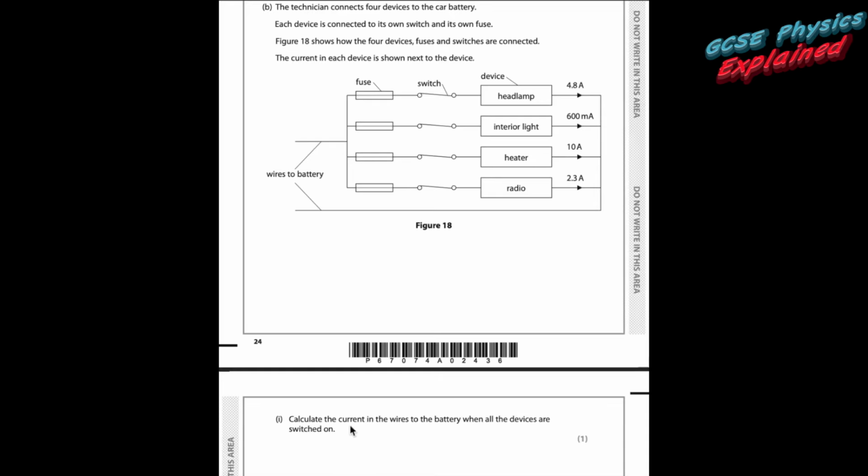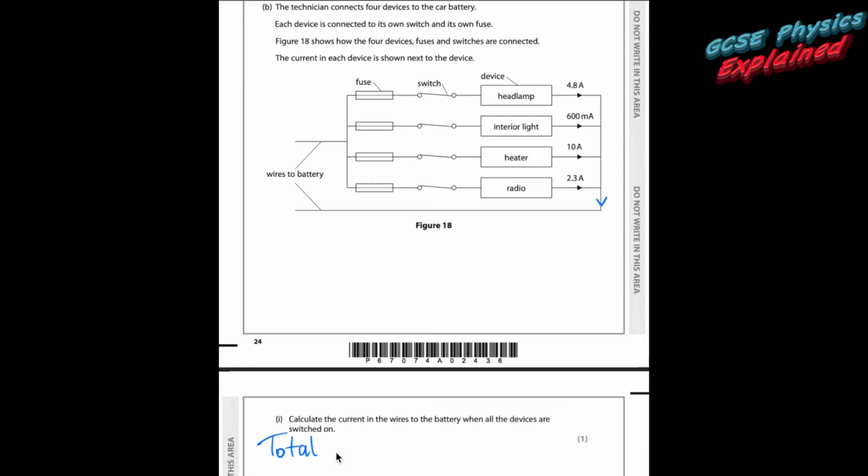Part 1. Calculate the current in the wires to the battery when all the devices are switched on. Right, so all of that is going to come together and it just needs to be added up, and that's how much will be going through here.